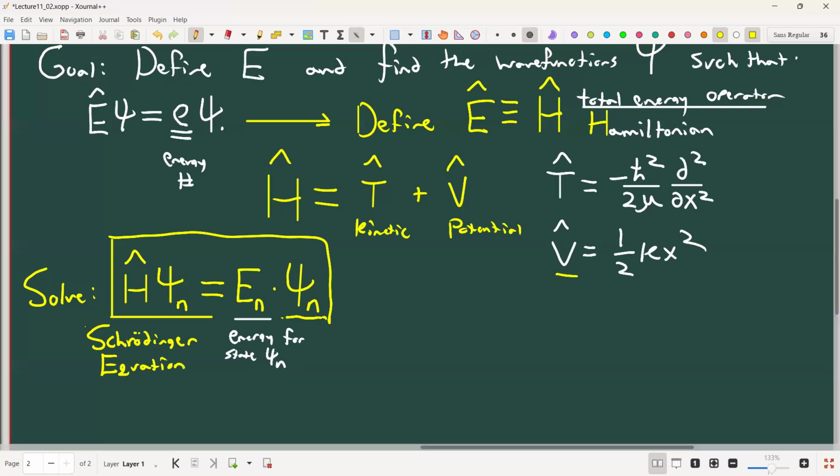If you go look in your textbook, there's a whole chapter on the Schrodinger equation, which is just saying that for a system of Hamiltonian H, the system will satisfy that its wave functions, when you apply H to them, give the energy.